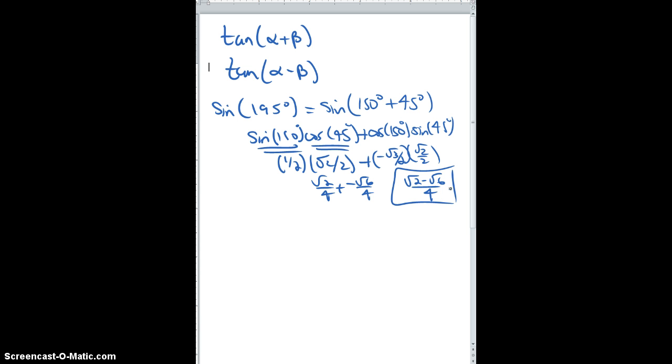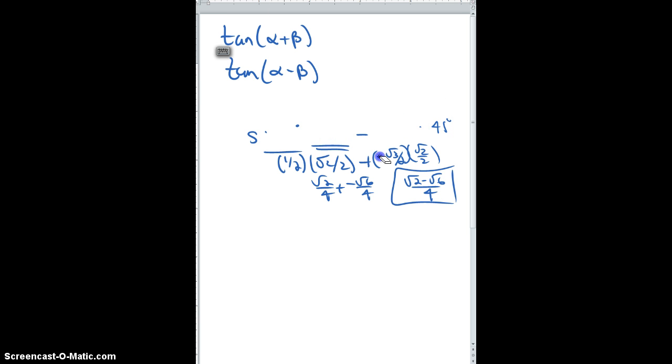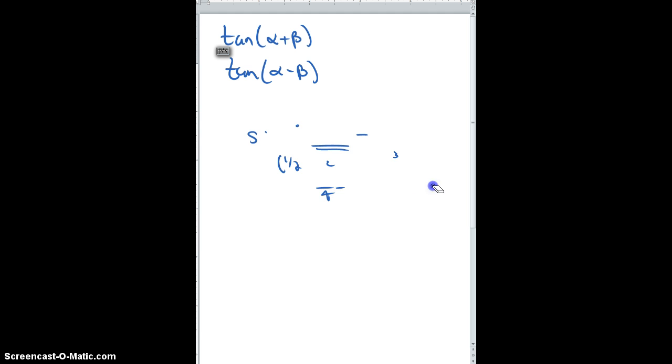Now with tangent, if you were stuck on a test, and you're like, I have no idea, I don't know what tangent is, but you know sine and cosine. So if you wanted to, for both of these, you could go ahead and write this one as sine of alpha plus beta over cosine of alpha plus beta and actually work all that out. This one you could do sine of alpha minus beta over cosine of alpha minus beta and work it all out. But someone did all that work for you.